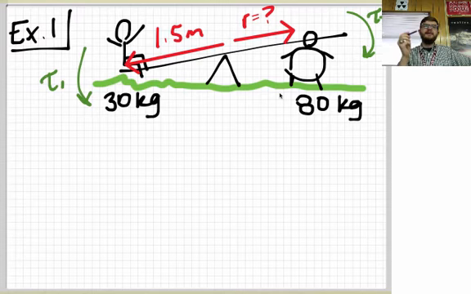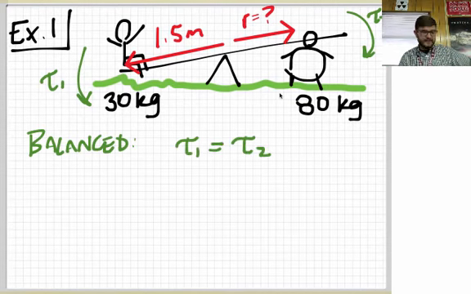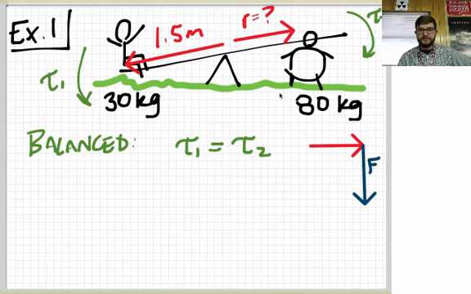The trick is that when I'm sitting on the seesaw, I've already caused a torque. That's why I'm sitting over here on the ground, because I've already moved the seesaw down. Now when Alberto gets on, he's going to want to move it the other way, so we have to balance these two torques. If we want them to be balanced, I need torque 1 to equal the second torque.